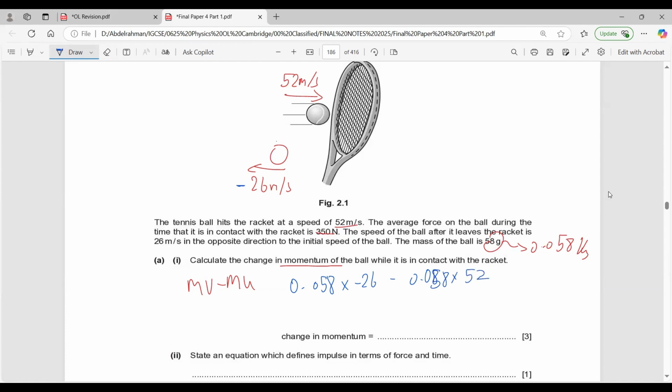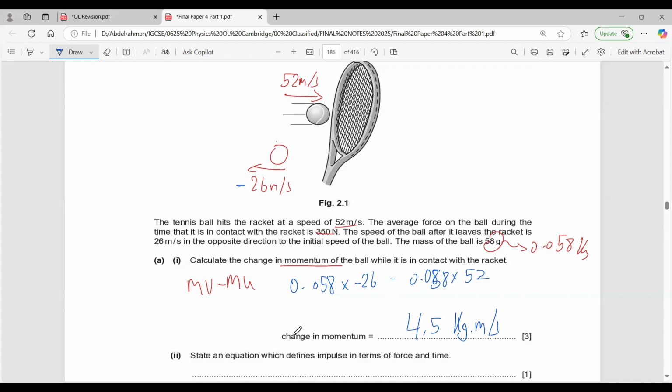The final momentum will be around 4.5. This would be negative 4.5. Should I write it down as negative 4.5? No, write it down as 4.5. Just ignore the negative sign for now. Kilograms meters per second.